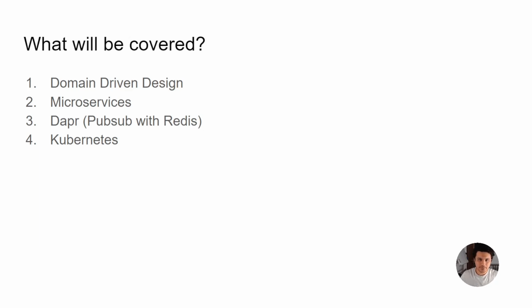You can use RabbitMQ, Kafka, anything else, but your application doesn't need to know about that. We are going to learn how to configure a Dapr component in Kubernetes, and what Dapr will do to communicate with the service and with this Redis pubsub, for example.